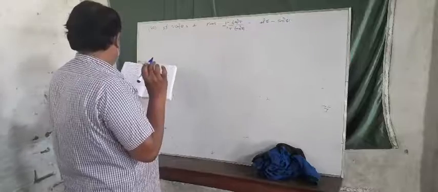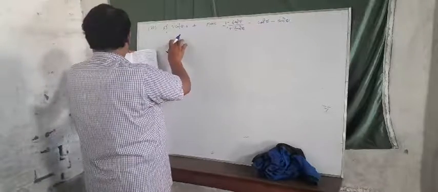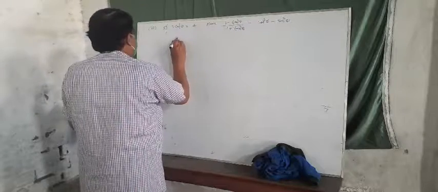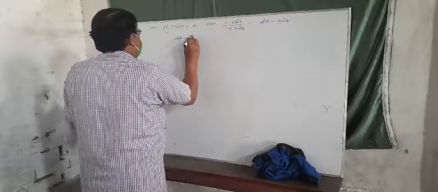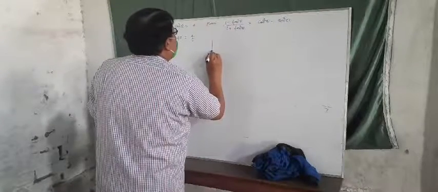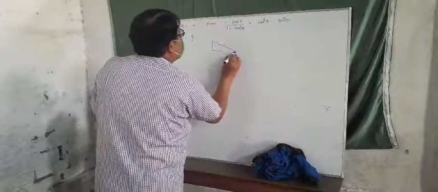Here we are given 3 cot theta equal to 4. So cot theta equal to 4 upon 3. In a similar manner, we will take a right angle triangle.